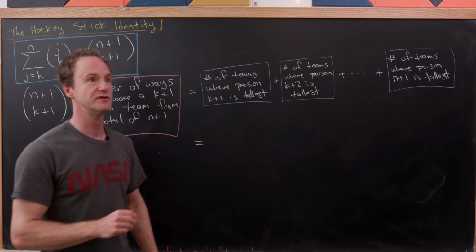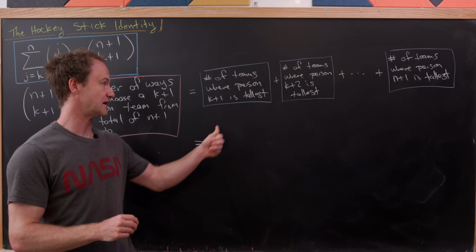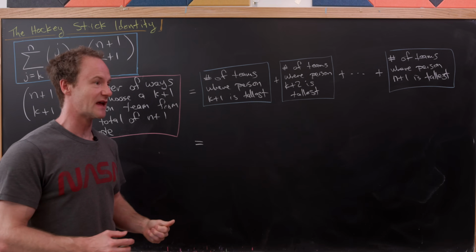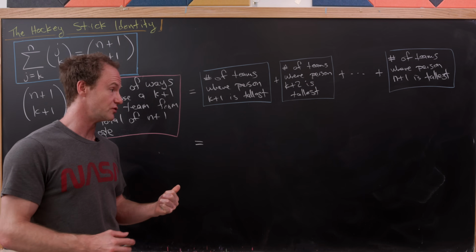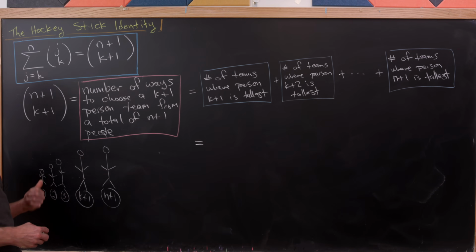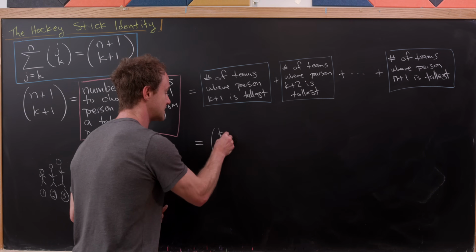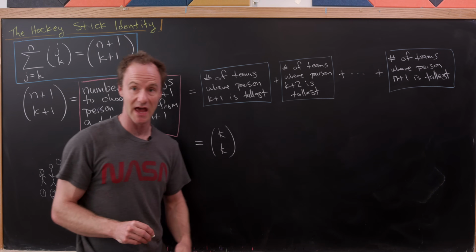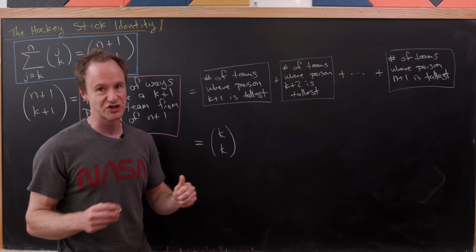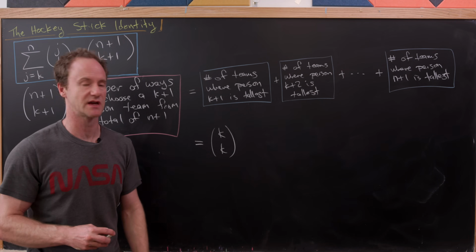So let's see, we're choosing a k plus 1 person team. If person k plus 1 is tallest, that means we have k people to choose, and we've only got k people shorter than person k plus 1. So that means we have k choose k possibilities here. Of course, that's only one possibility, but just to keep the structure, we'll say k choose k.